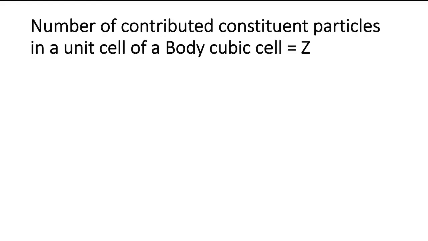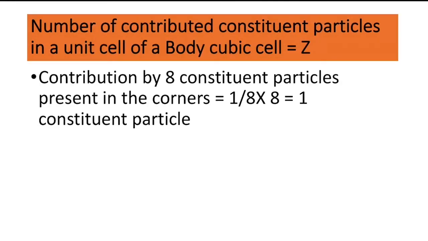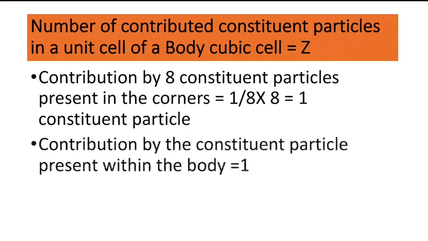The total number of contributed constituent particles in a unit cell of a body-centered cubic cell is denoted as Z. The contribution of 8 constituent particles in the corners is 1 by 8 into 8, that is 1 constituent particle. The contribution of the constituent particle within the body, at the center, is 1. Z is equal to 1 plus 1, that is 2. That means there are 2 constituent particles in a body-centered cube. So the total contribution for one unit cell is 2 constituent particles.